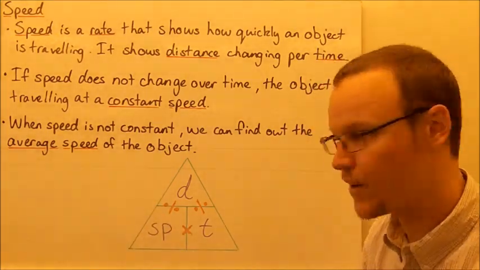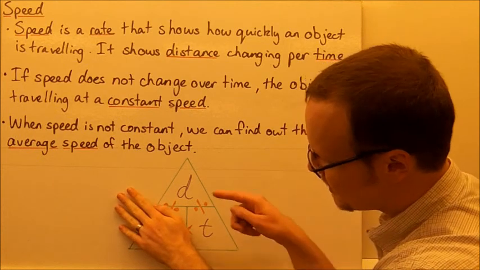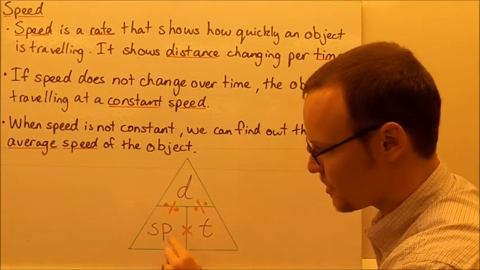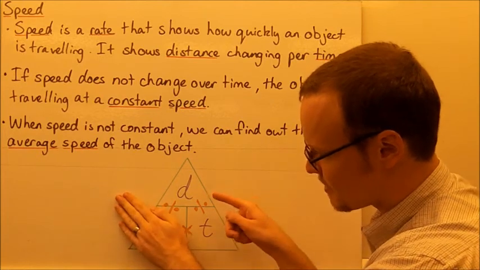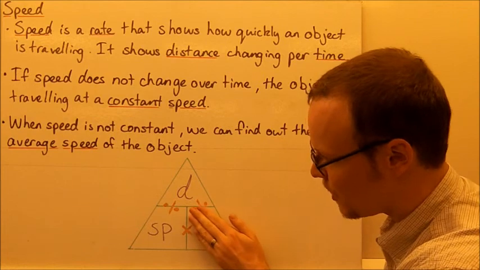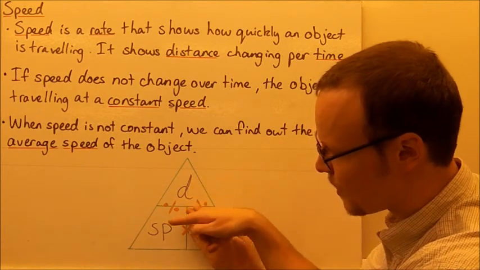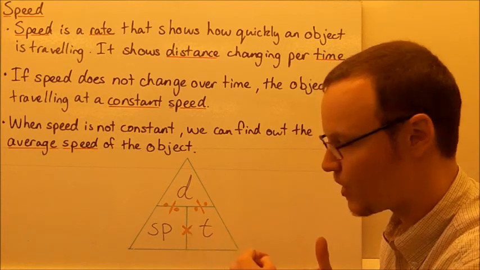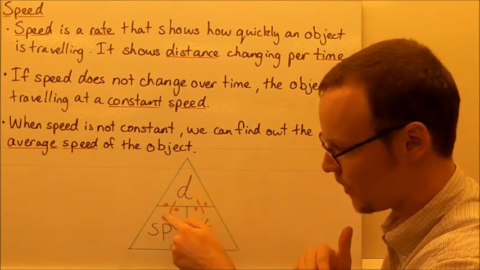So if you're asked to find the speed, you then need to do a calculation that shows distance divided by time. So speed equals distance divided by time. If you need to find time, cover up time, and we have distance divided by speed. Time equals distance divided by speed.